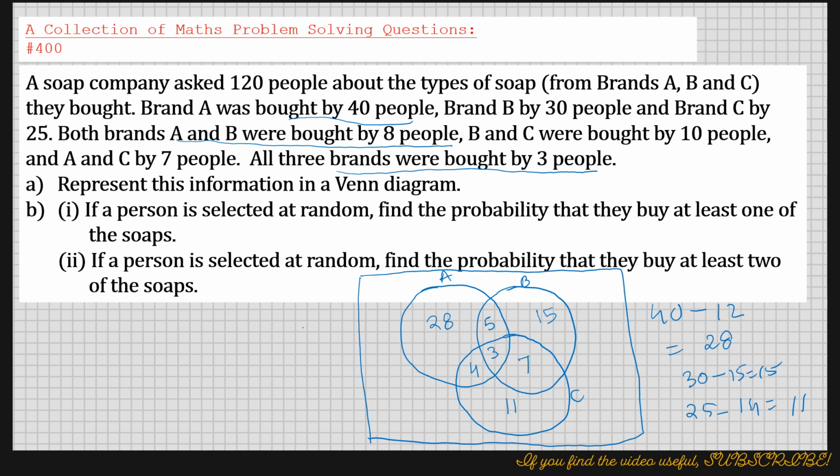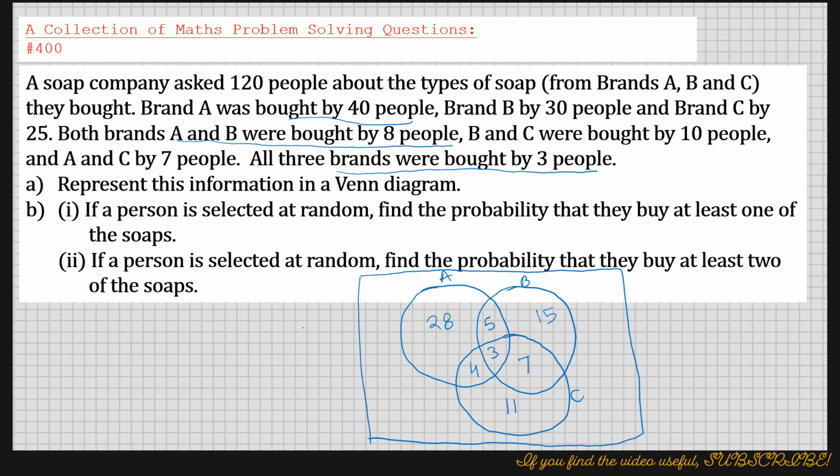And then we have to add all of these and take the total away from 120 to see if there are any people left over. If it's 0, then everybody buys soap. But if it's not 0, then there are people who do not buy any soap, so we have to put that number down.